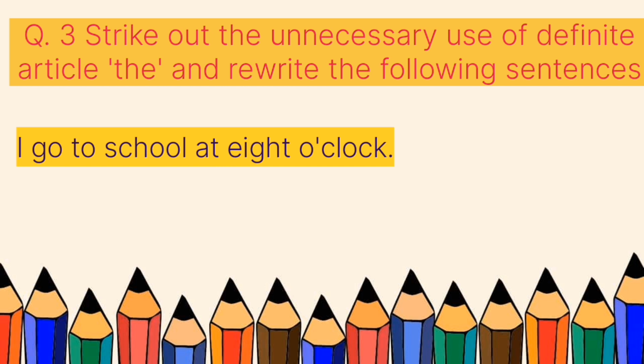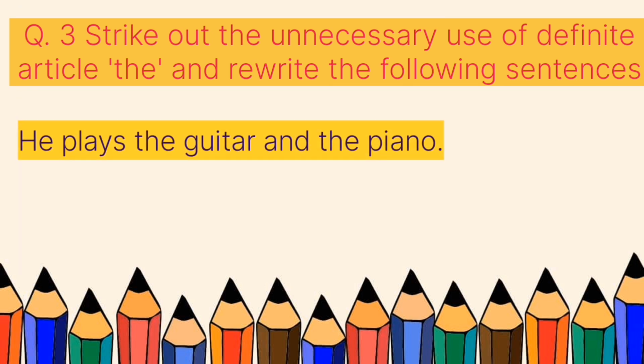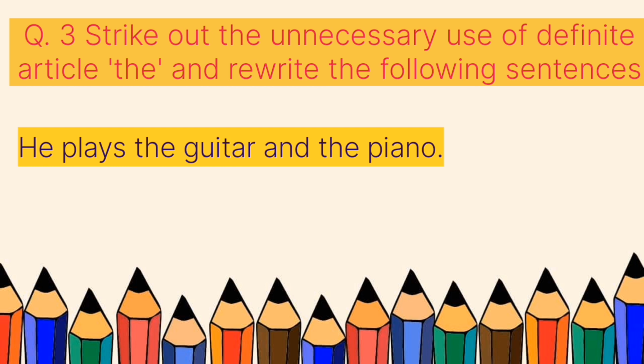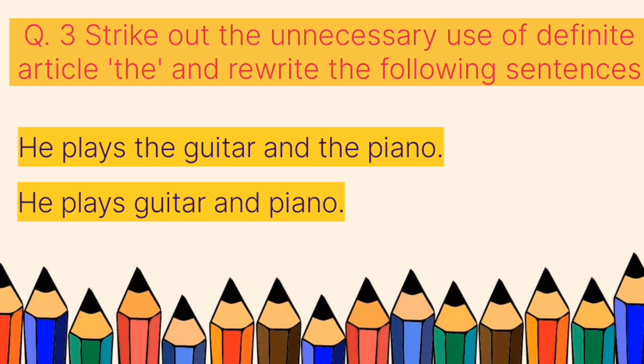Next example: he plays the guitar and the piano. Here in this case, this sentence is correct with or without the. It can be: he plays the guitar and the piano, or he plays guitar and piano. With the article, it indicates a specific instrument.